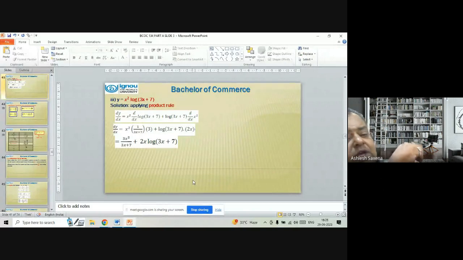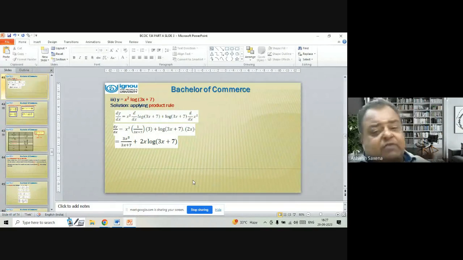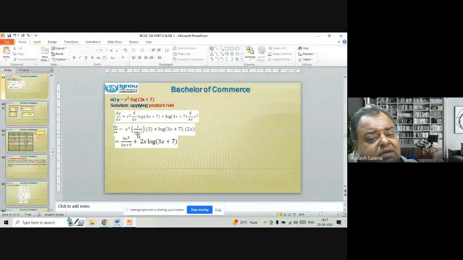What we will do? We will write the first term as it is, differentiate log(3x + 7), plus log(3x + 7) into the derivative of x squared. While solving this, x squared will remain here. This is log x. The derivative of log x is 1 by x into the derivative of what you get down at that time.